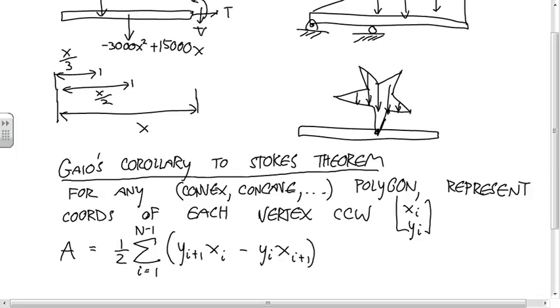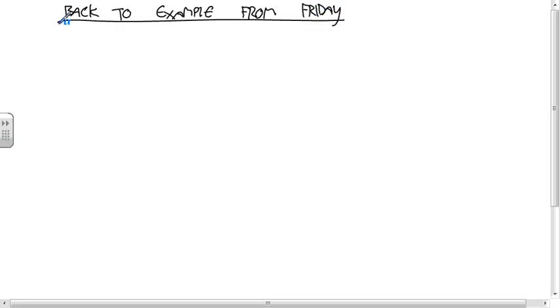So let's go back to the practice problem, the example problem we were working on, from last Friday, I think it must have been. The problem looked like this.